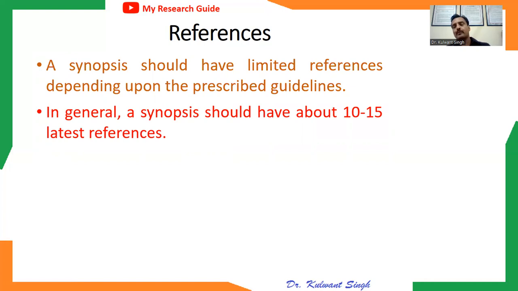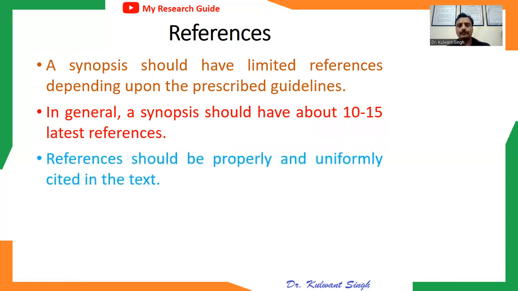References may be up to 20, but we should follow the guidelines of the institute. References should be properly and uniformly cited in the text. Suppose you have a list of 20 references, then all 20 must be cited in the document.